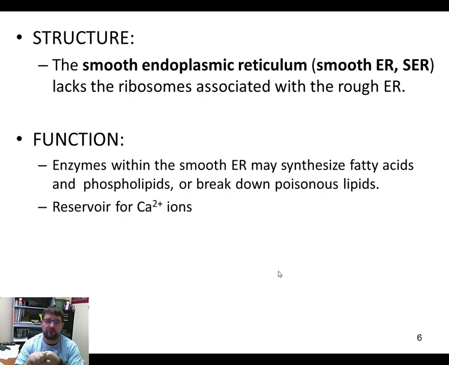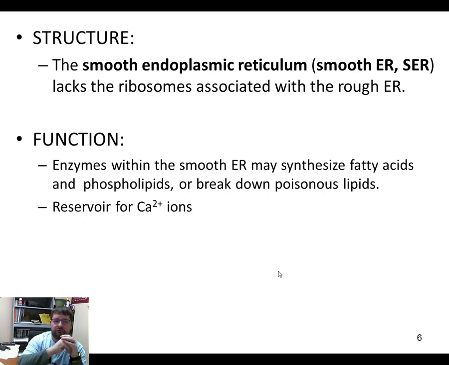It also supports the storage of different types of ions that might be utilized in the production of phospholipids and fatty acids. And in some organisms, it also can be associated with breaking down damaged lipids or poisonous lipids, depending on the organism that we're talking about.